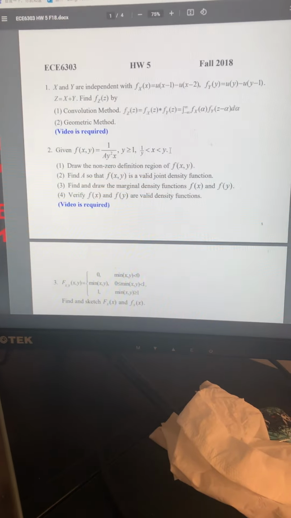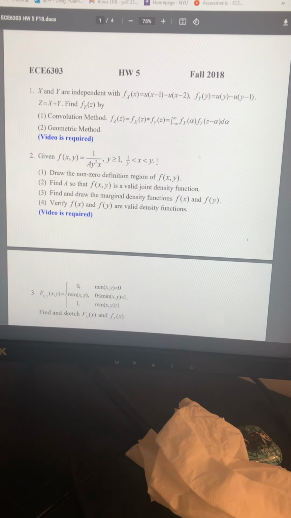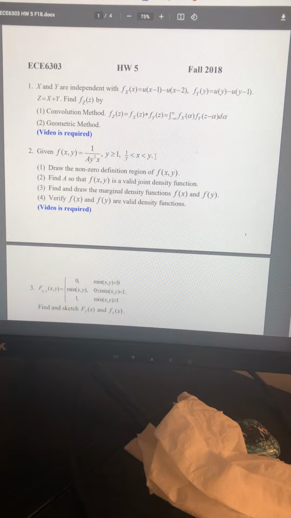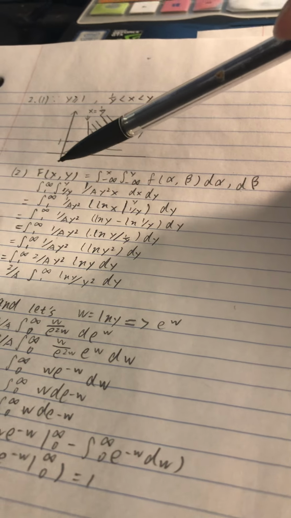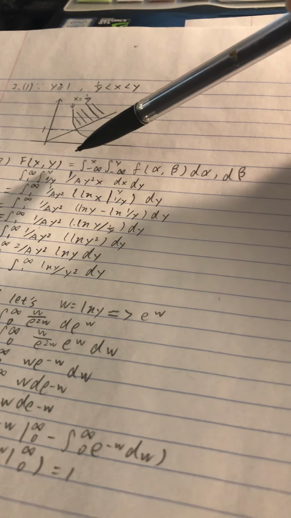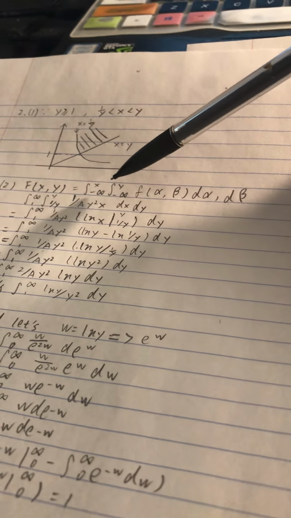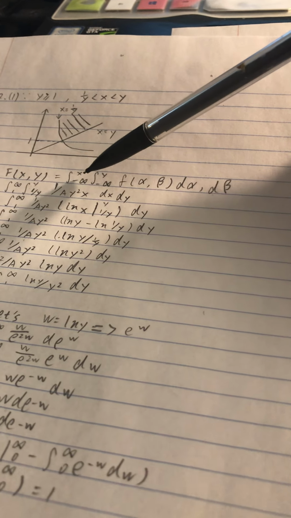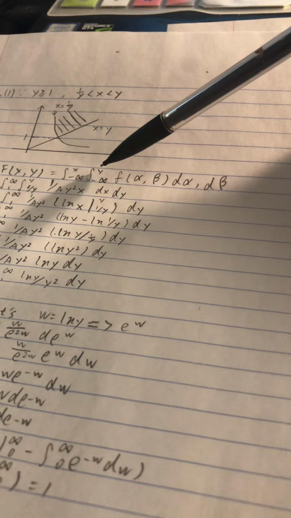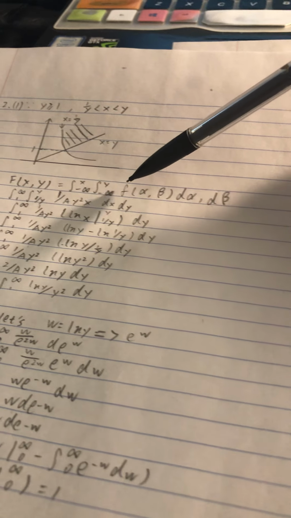And the second question is asking us to find a so that this function of x and y is a valid joint density function. To get that, the density function of x and y is the distribution like this, between x and negative infinity, and between y and negative infinity.